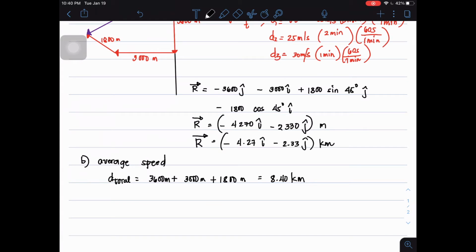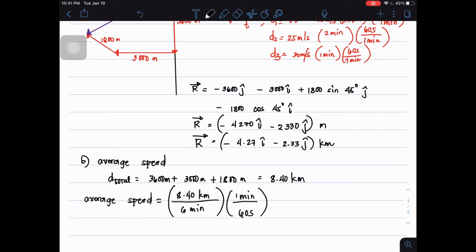So that's 8,400 meters or 8.4 kilometers. Next, let's compute the average speed. And here's our working formula. So that's 8,400 meters over total time of 6 minutes. And we need to convert everything that we have to get to meters per second.